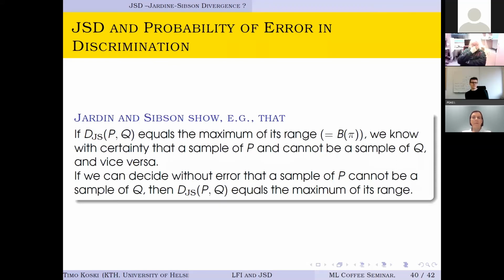And then you can actually show that there's a connection to Bayesian discrimination error. So when Jensen-Shannon divergence is sufficiently small, then you cannot, by say Bayes rule, discriminate between P and Q. But that's what we're actually trying to figure out. I mean, we're trying to find a model that is so good that you cannot discriminate between the real data and the simulated data. So therefore, this is the intuitive background for Jensen-Shannon divergence.